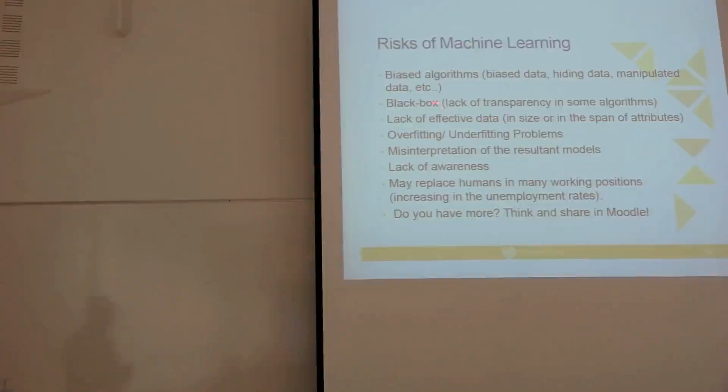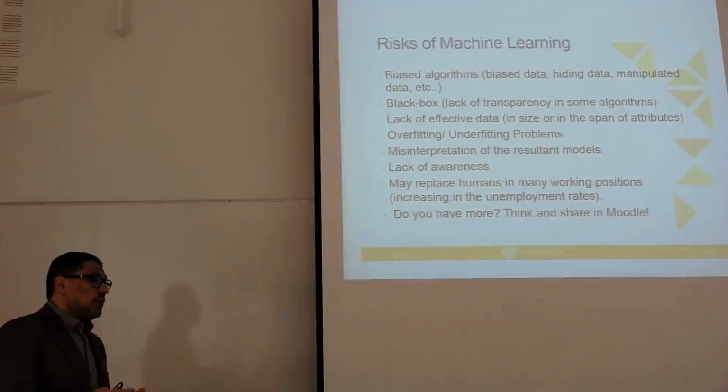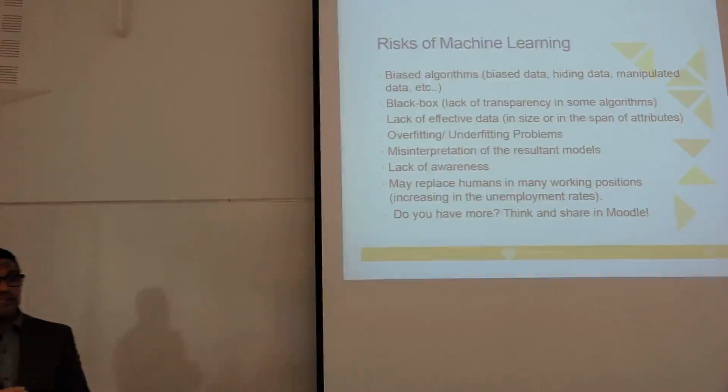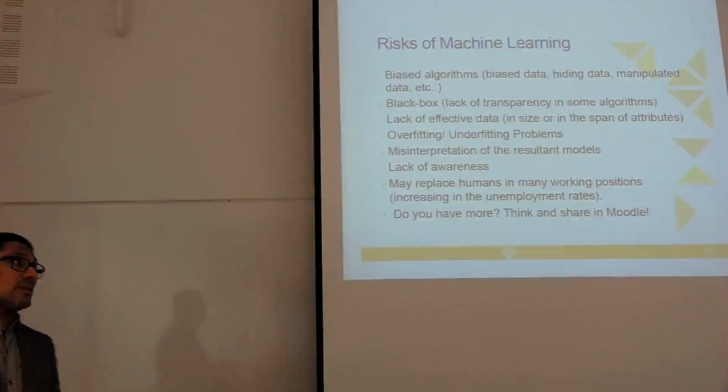Also, some of the machine learning algorithms are black box, like neural networks, for example. With neural networks, we don't know exactly how they work. Of course, we know the algorithm, but it is not transparent, so it is called black box modeling. In many situations, we cannot predict very well how it will work. It might work with our data, but how will it work for some other kind of data?